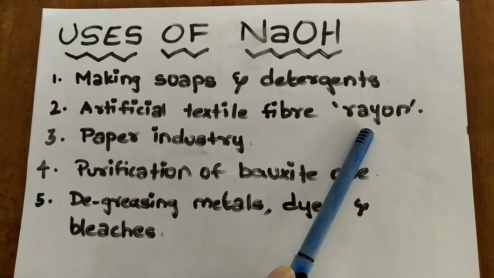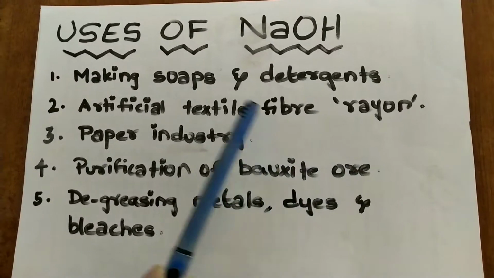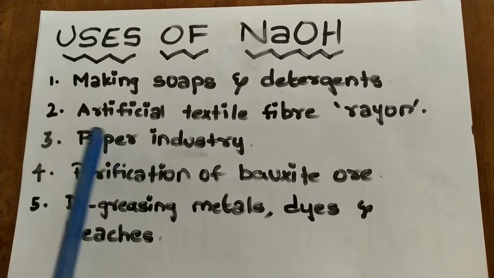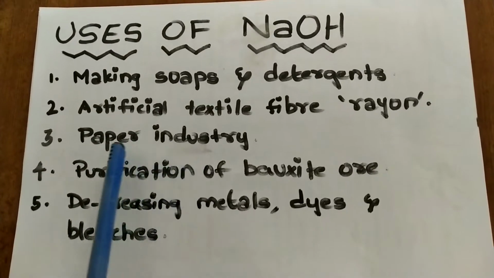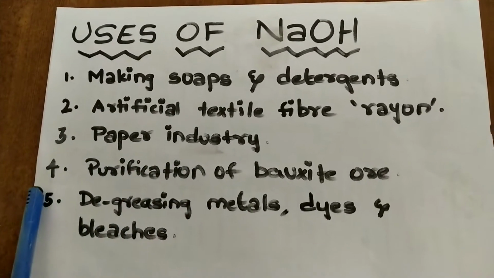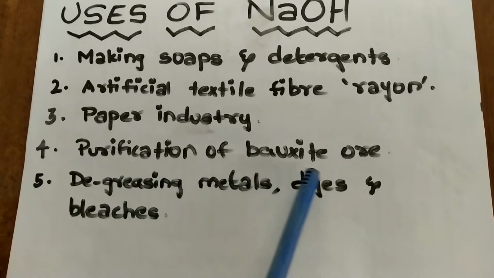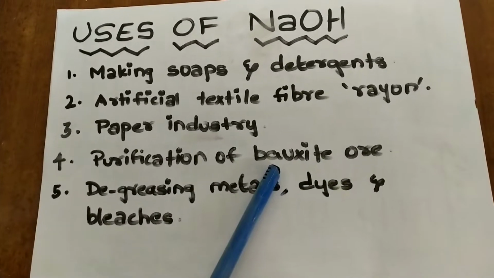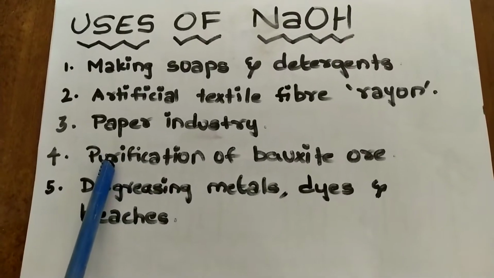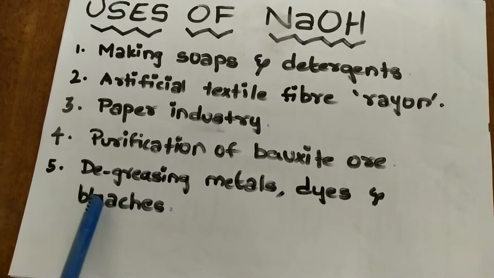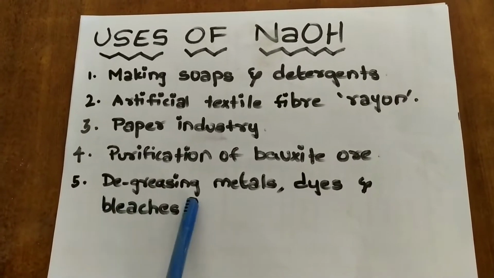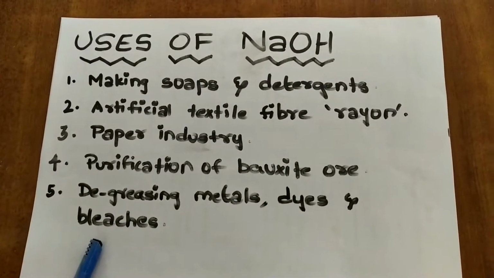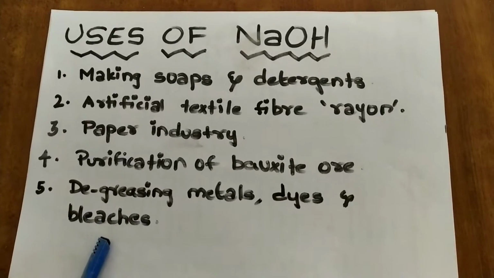Similarly, in the paper industry we use sodium hydroxide, as well as in the purification of bauxite ore, the extraction of aluminium from the bauxite ore. It is also used in degreasing metals, in dyes, and it helps in the bleaches also.